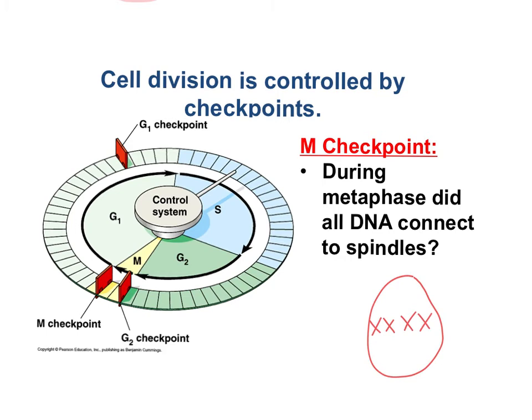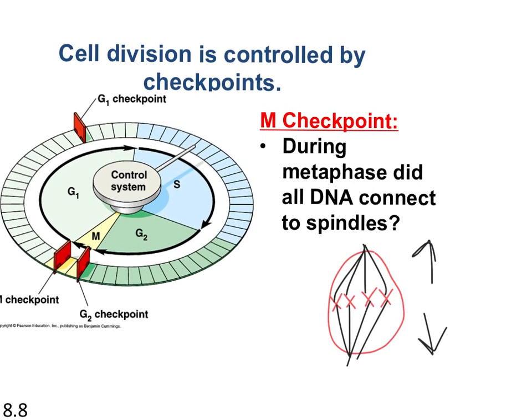The spindle needs to pull those chromosomes. Some will get pulled that way, some will get pulled that way. Well, you better be sure that the DNA is hooked properly to the spindle. Otherwise, that chromosome, like this little X shape, would not get ripped in half.